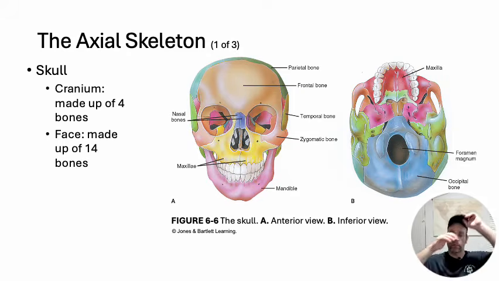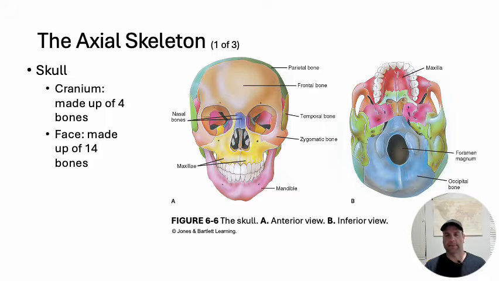The frontal bone forms the forehead, the parietal forms the side and the roof of the head, the occiput or occipital bone forms the back and base of the skull, and the temporal bones house the structures of the inner and middle ear, which is very important for balance and hearing.